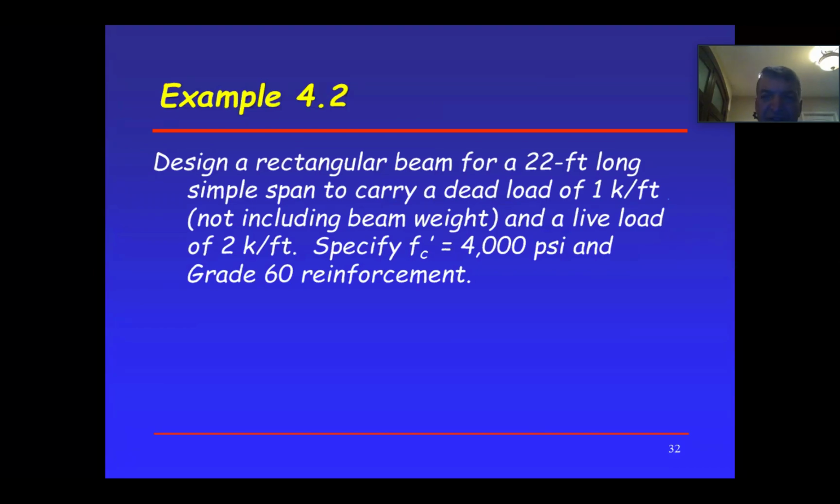If you don't do the project, you're only going to design simply supported spans. All the books don't give you continuous beams, very seldom if they do. So 22 feet. Excuse me, one second.